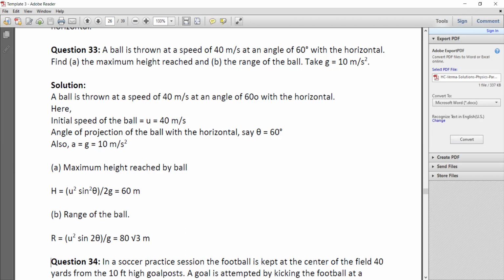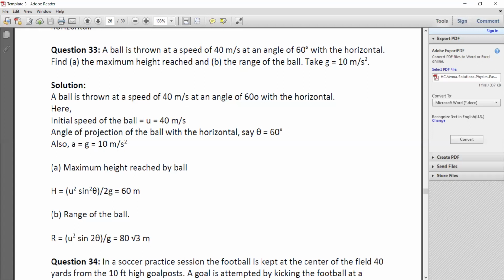Solution. A ball is thrown at a speed of 40 meters per second at an angle of 60 degrees with the horizontal. Here, initial speed of the ball is u = 40 meters per second. Angle of projection with the horizontal is theta = 60 degrees. Also, a = g = 10 meters per second squared.